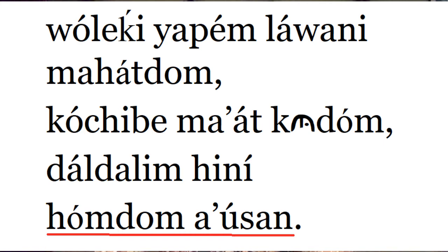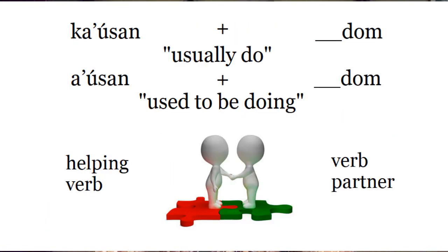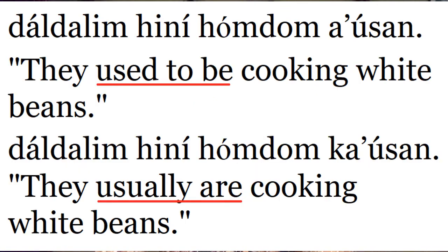The short verb a, do or say, with the usan ending can be a helping verb with a dome verb partner to mean used to be doing. If you use kausan instead, it means usually doing. So, daldalim hini homdom ausan means they used to be boiling white beans.